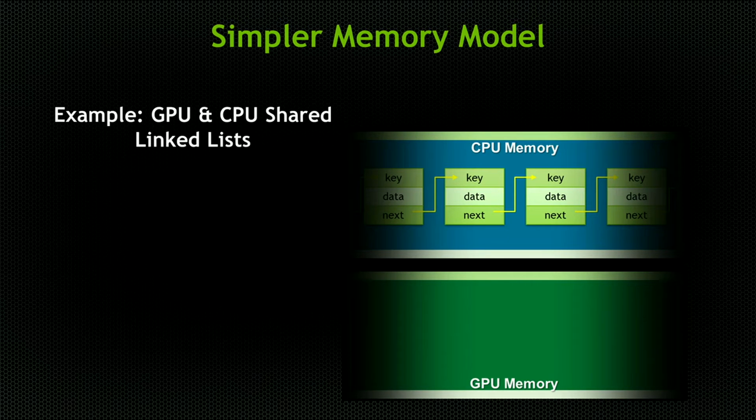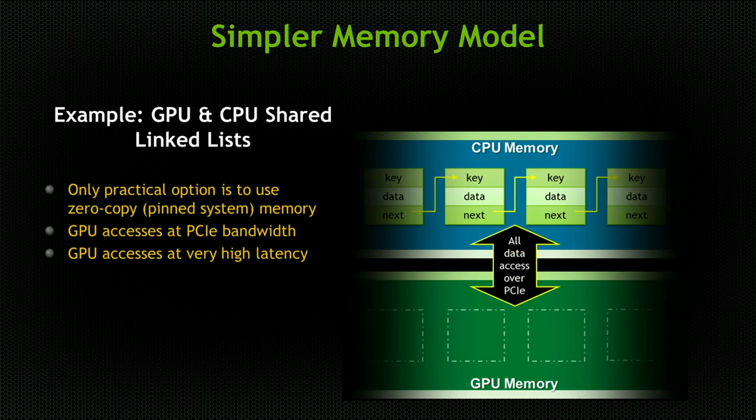The only real way to do this before unified memory in GPU computing, in order to share a linked list between the GPU and the CPU, is to just leave it in CPU memory and access it, allocate it as pinned host memory, or what we call zero copy memory, where the GPU kernels are able to directly access the CPU memory. But those accesses are all done over PCI Express, which has much lower bandwidth than the GPU's memory and much higher latency. So performance suffers.